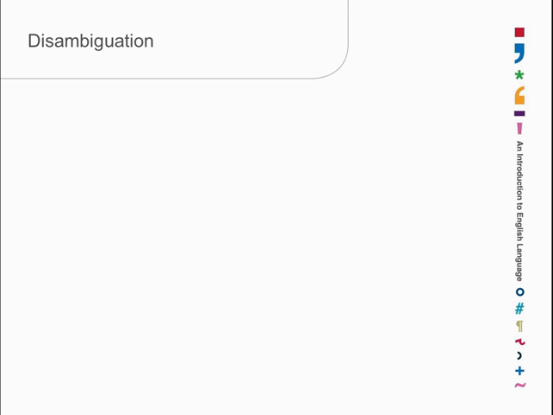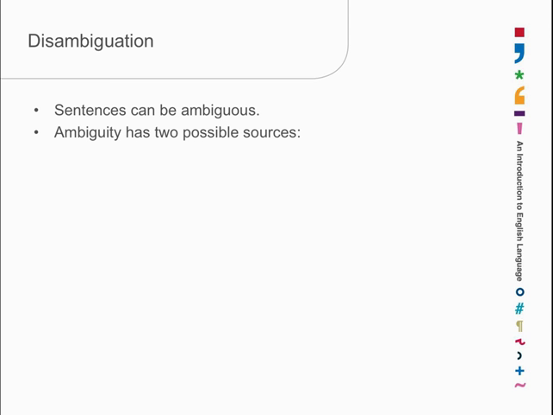Also significant is the notion that sentences can be ambiguous, but frequently in context they're not ambiguous. Ambiguity has, as you might imagine from what we said previously about semantics, two possible sources.